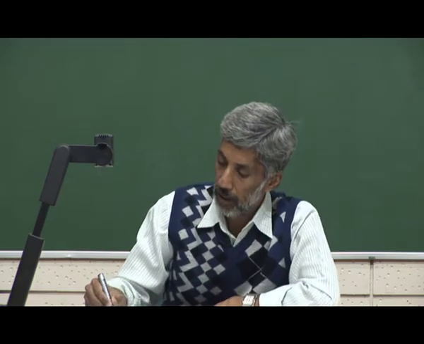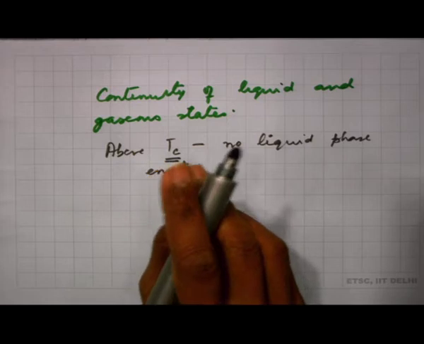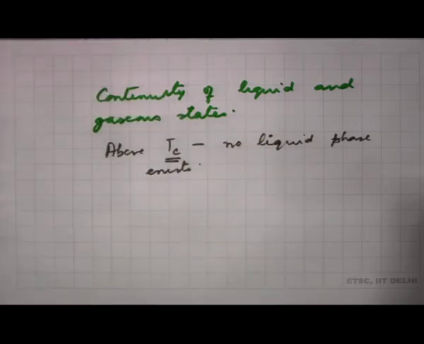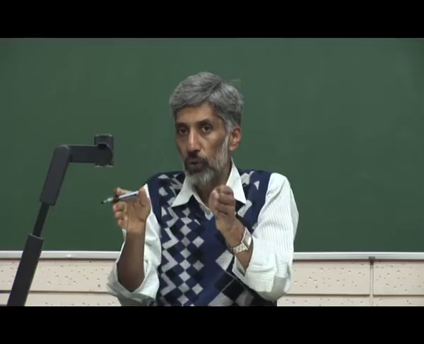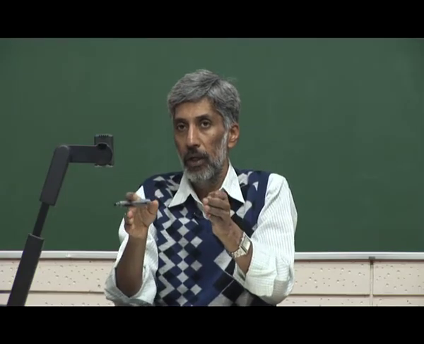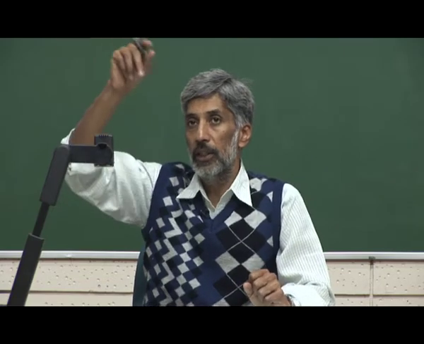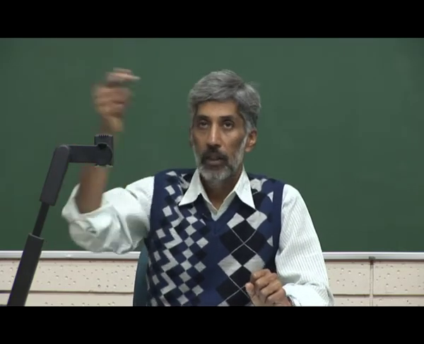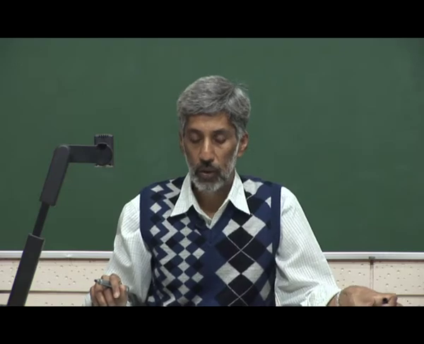So, that is that critical temperature. And we have also learned that you can go from the gaseous to the liquid phase without going through the two phase equilibrium portion by operating at a temperature above Tc. Then you just reduce the temperature and you can go.